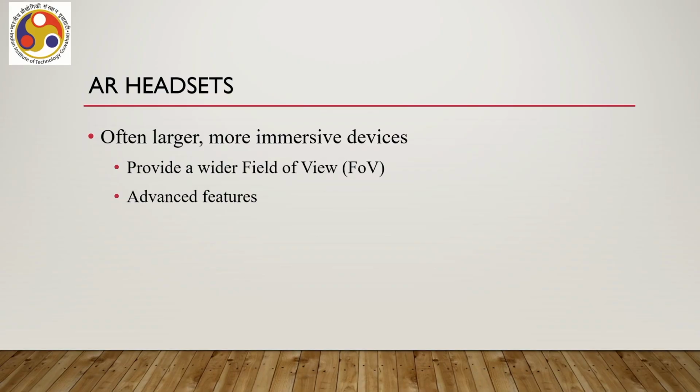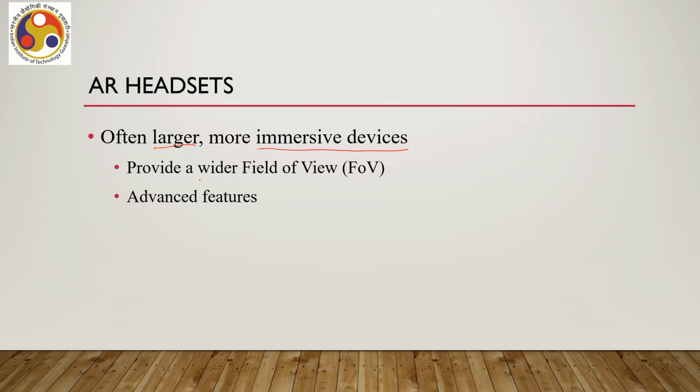Let us start our discussion with the headsets. Earlier we talked about headsets for VR. Let us see in AR what kind of headsets we are talking of. Generally, AR headsets are larger and more immersive in the sense that more content is there, a combination of both real world content as well as augmented digital content.